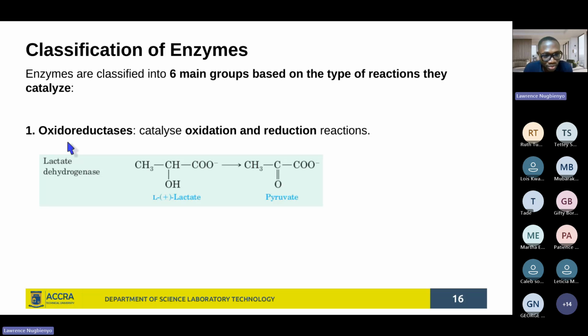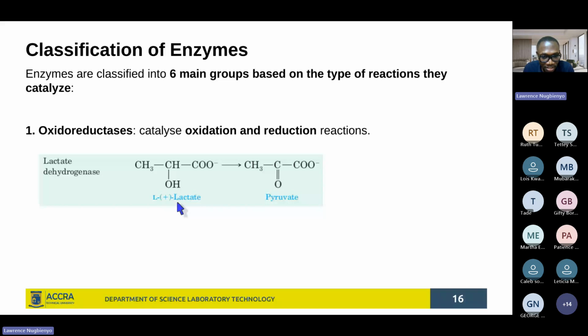And an example that you see here is lactate dehydrogenase. In fact, if you read in a biochemistry book and you see the name of an enzyme with this dehydrogenase in it, you quickly know that enzyme is an oxidoreductase. Now look at what lactate dehydrogenase is doing.